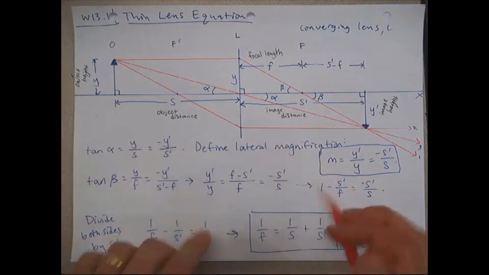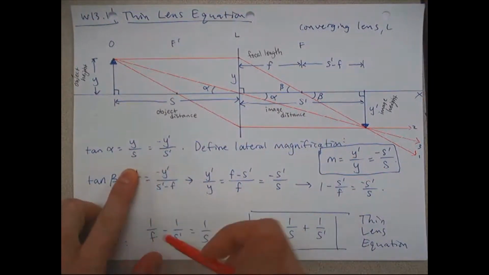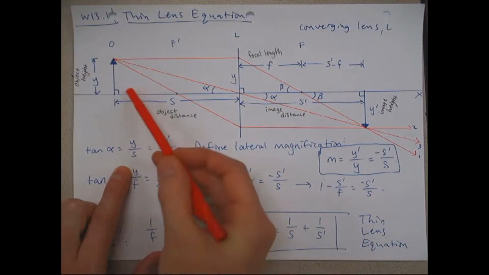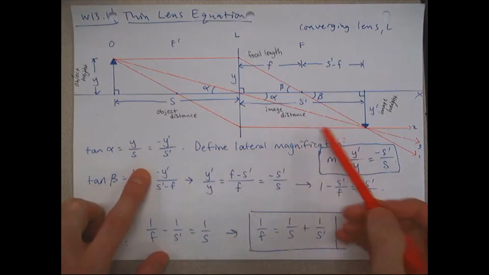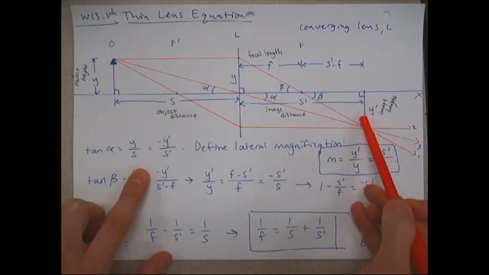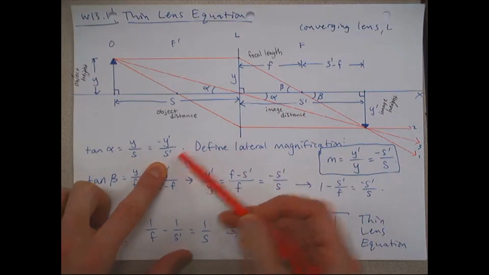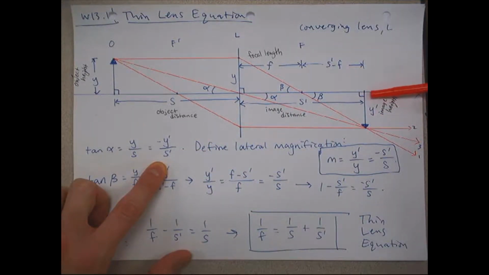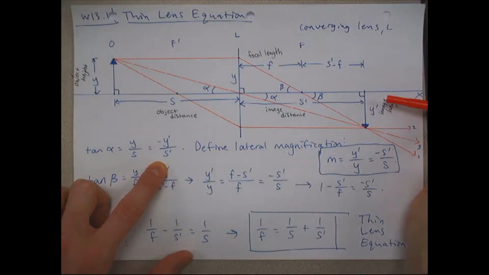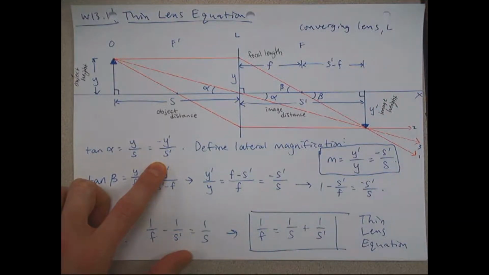Alphas are the same in both triangles, therefore the tangent of alpha in this triangle is y over s, in that triangle is y prime divided by s prime. In fact, we have to stipulate that it's minus y prime because y prime is already negative below the axis.